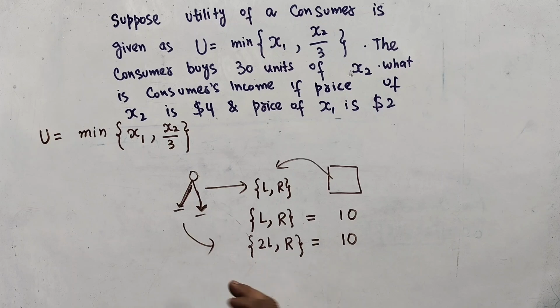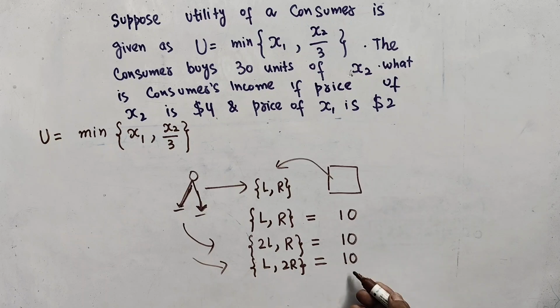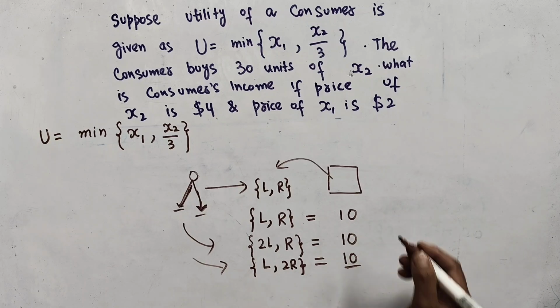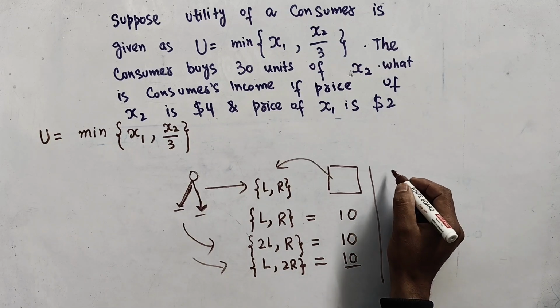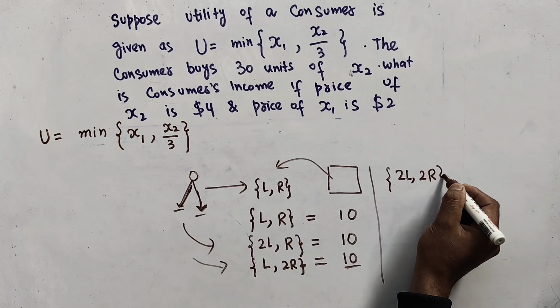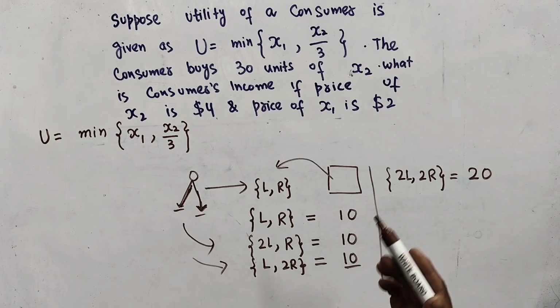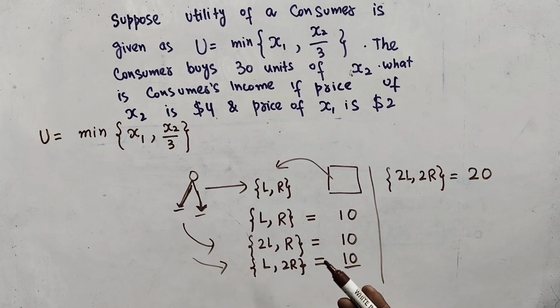Likewise, if he chooses only 1 left shoe and 2 right shoes, again his utility will be the same, let us suppose this arbitrary number, 10 units. Now if he chooses 2 left shoes and 2 right shoes, here his utility will increase. Let us suppose it goes to 20. So what we are visualizing here is that the consumer will choose goods in some fixed proportion.